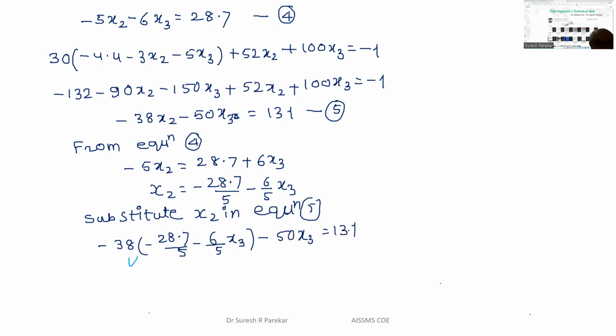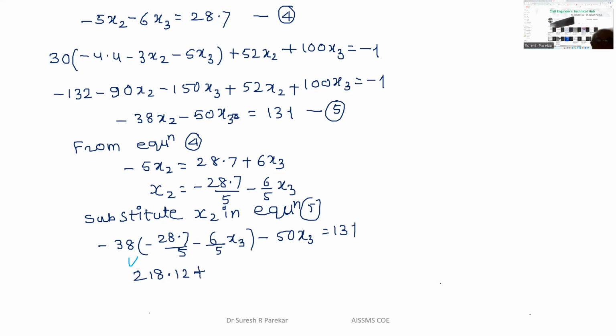And if we solve this, 38 into 28.7 by 5 is 218.12. So 218.12 minus, again minus plus.